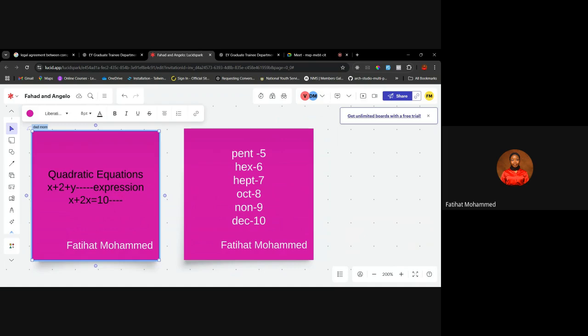Anytime you see something that has an equal to sign, then you call that one an equation. Do you get it? Just like the word equal sign, equation. So anytime you see something that has an equal sign that you need to solve for an unknown, then you call that one an equation. I hope you're with me.